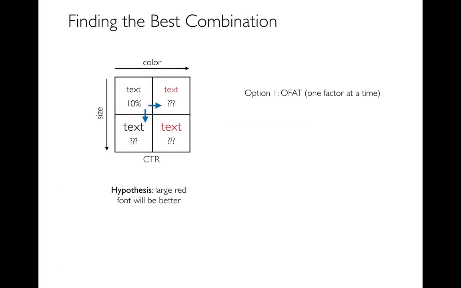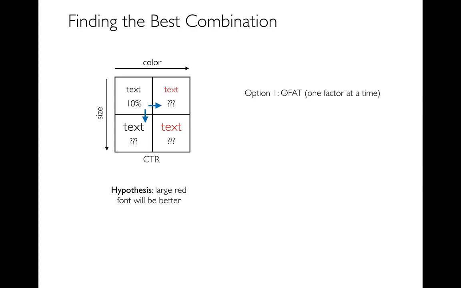Okay, so the other thing is that when we have these treatments, we're changing one or more factors, and that's kind of a hard decision, right? Do we do a series of experiments where we change one factor at a time, or do we change a bunch of things at a time? Here I have a simple example where I'm just looking at click-through rate.